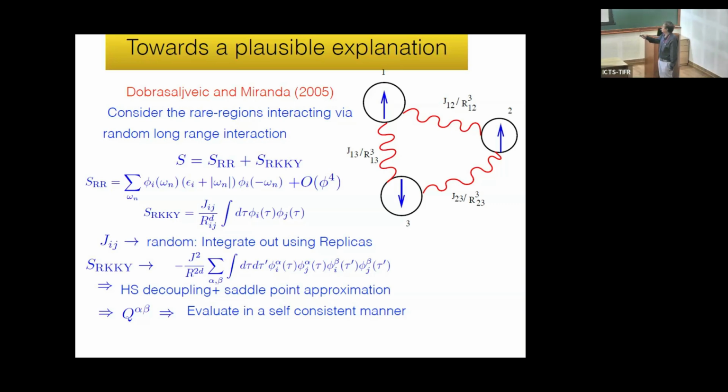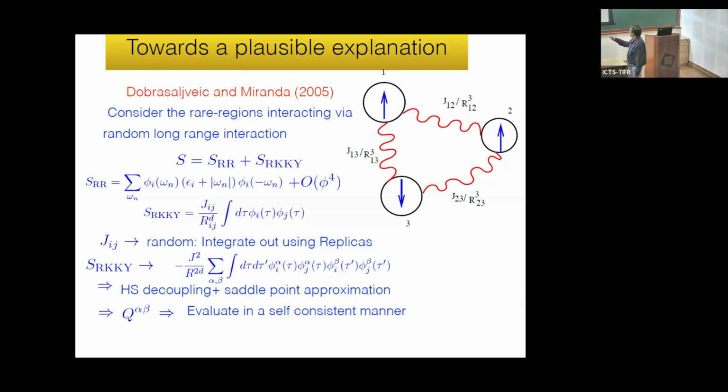So the phi's are the phases, the rotor degrees of freedom in the model of Dobrosolowicz and Miranda, where they were looking at some sort of ferromagnetic system, essentially coupled to each other by this RKKY, or in our case, a long-range interaction. So what do you do if you're faced with an object like this? You do a replica average.